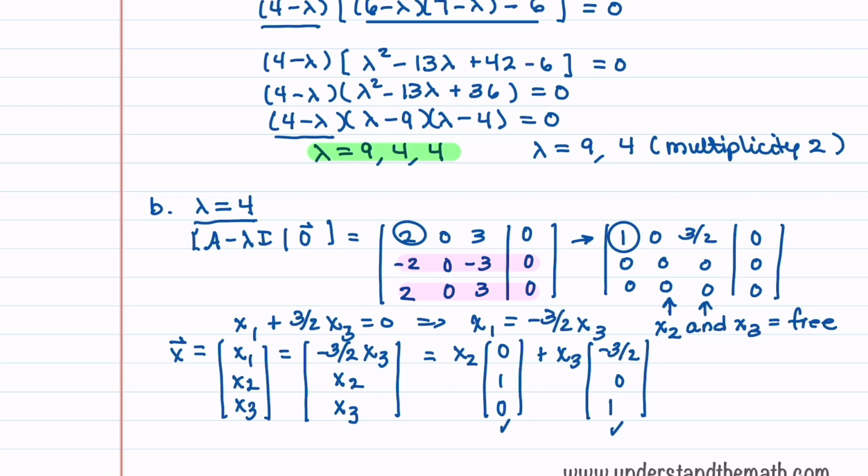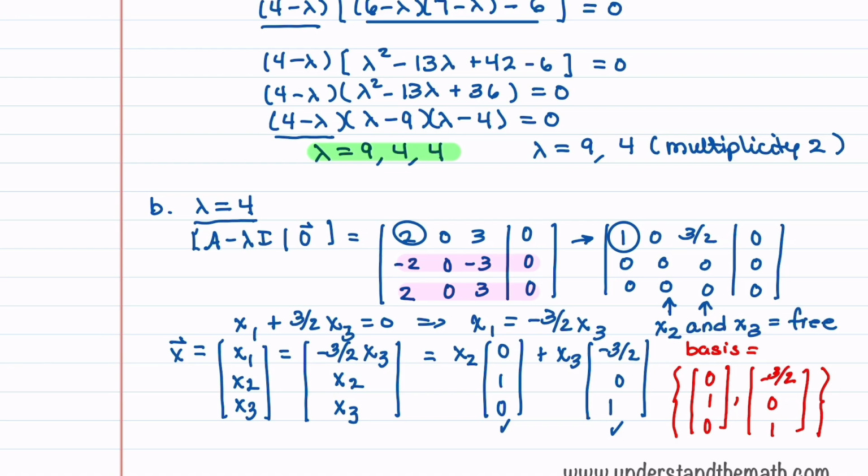I'm looking for some free space. Let's see if we can squish it down here. So let's just write down basis equals. It's going to contain our first vector, 0, 1, 0, and then our second vector, minus 3 halves, 0, and 1. And that's the basis for the eigenspace corresponding to our eigenvalue lambda is equal to 4.